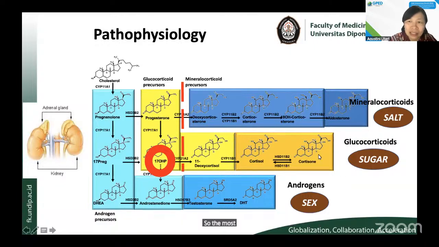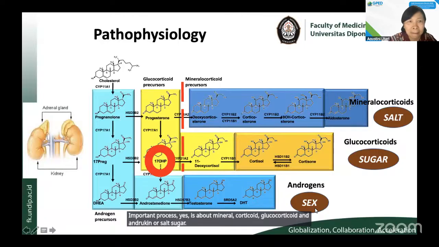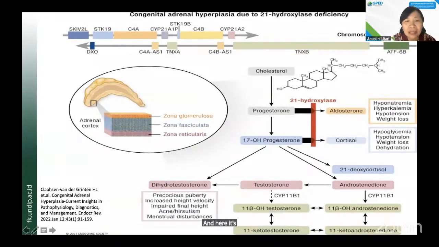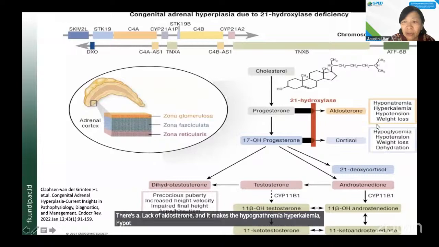So the most important processes here are mineralocorticoid, glucocorticoid, and androgen, or salt, sugar, and sex. Here is a graphical abstract showing that in 21-hydroxylase deficiency there is a lack of aldosterone, which causes hyponatremia, hyperkalemia, hypotension, and weight loss.